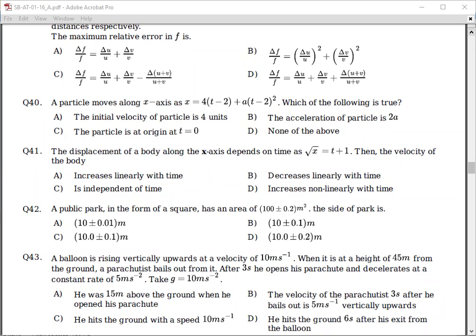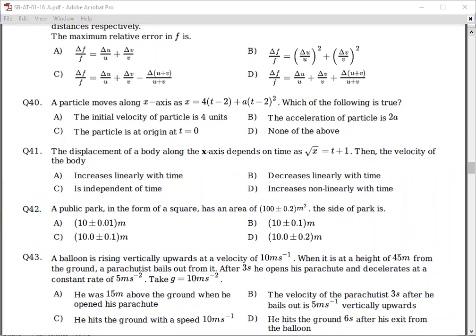Then we know that when you talk about velocity, velocity is dx by dt. You just have to check what is the equation of dx by dt. Okay. So what would be the answer of 41?